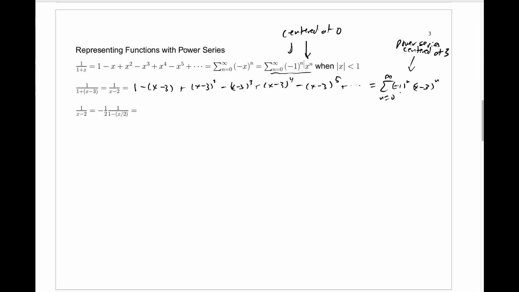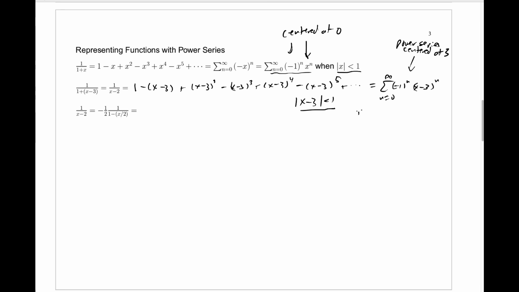Now here's a question. For which values of x does this new power series centered at 3 converge? Well, we had just plugged in x minus 3 into this earlier power series, so we need the absolute value of x minus 3, putting in x minus 3 in place of x, to be less than 1.